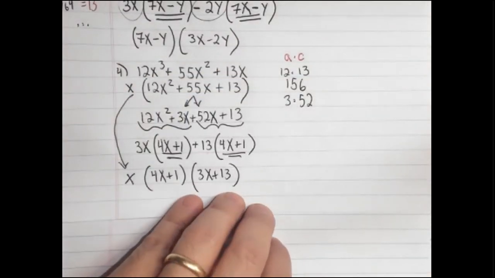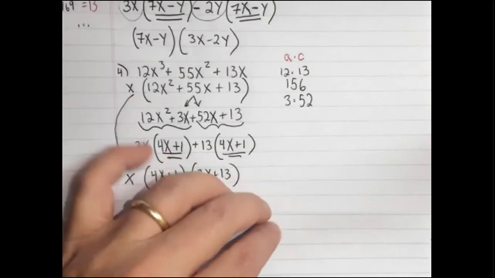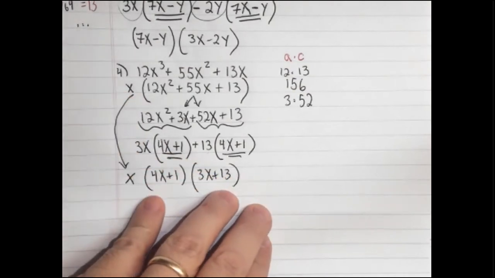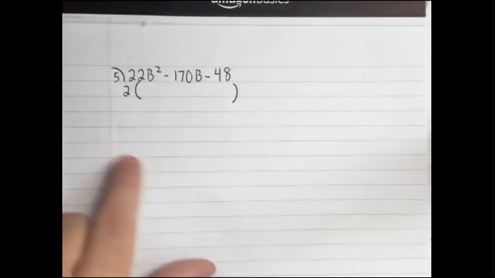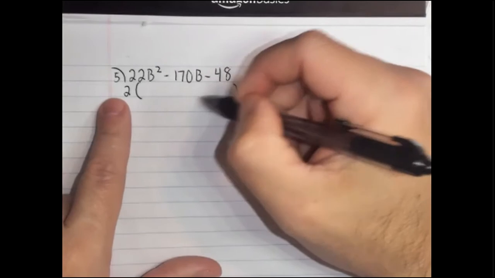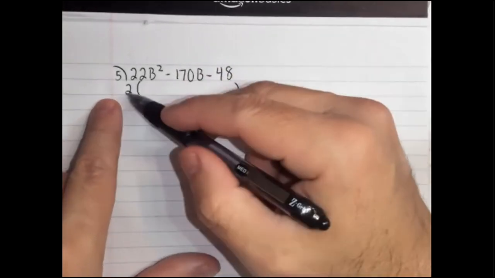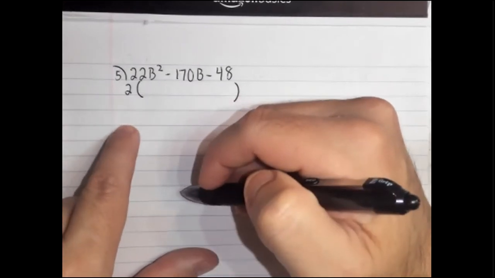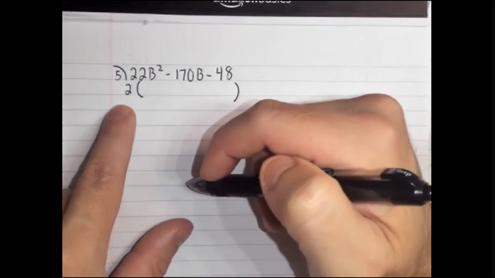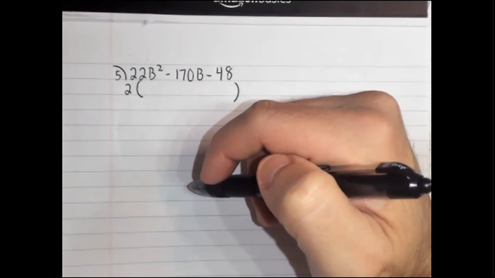I would have entered this, it would tell me it was wrong, and then I would probably have remembered I forgot to bring that x down. Same thing on this problem. When I factor out that 2, I'm going to start focusing on this trinomial. But when I do have my answer, I've got to make sure that that 2 is in there as well.